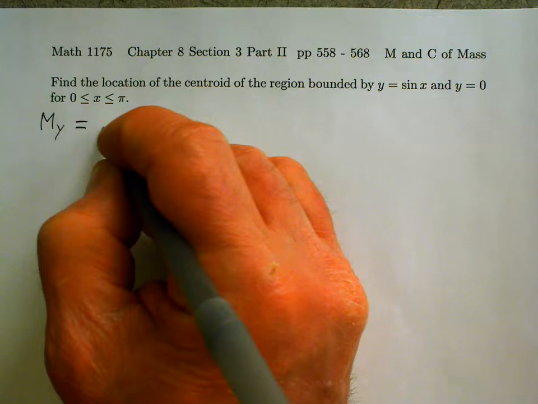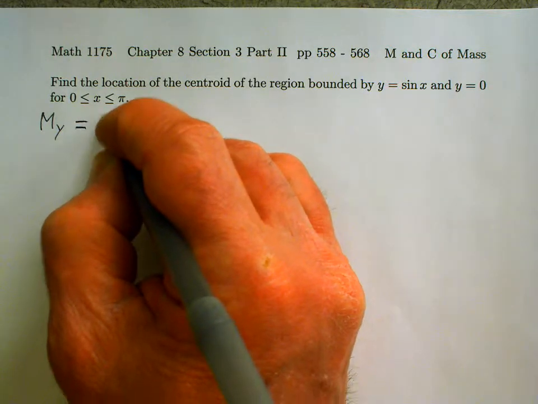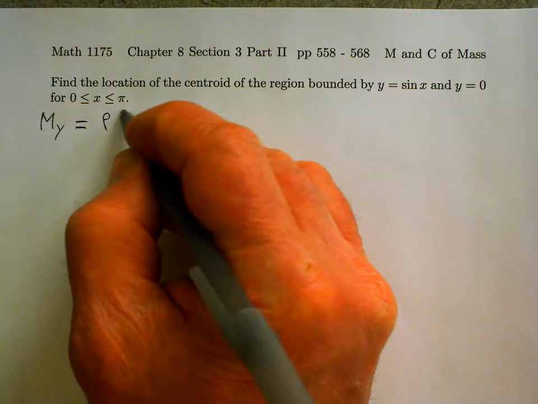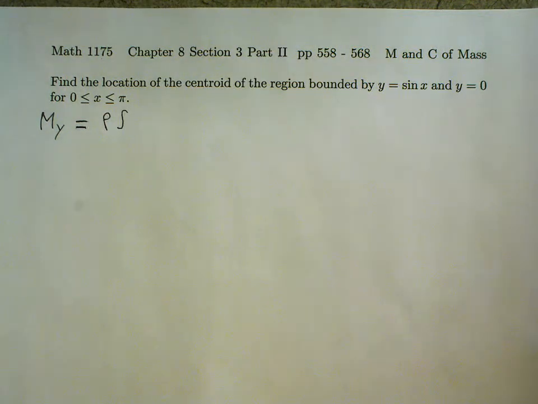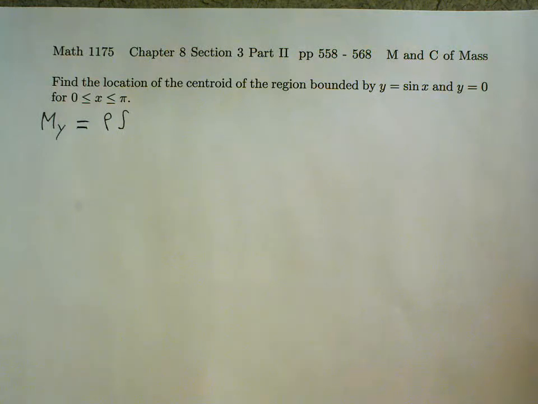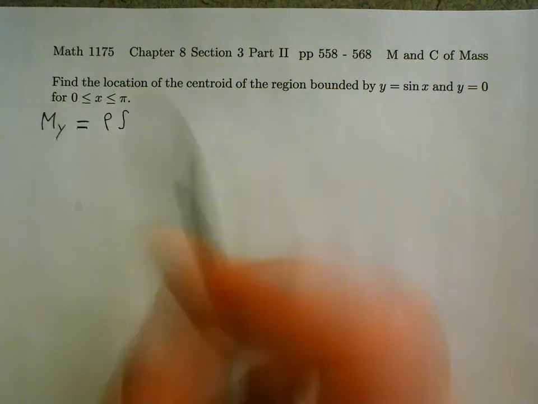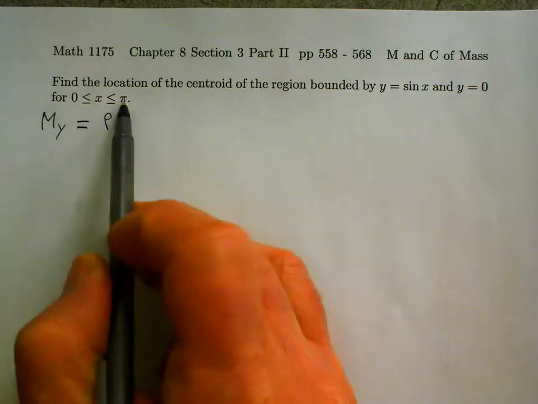Let's include the uniform density constant rho multiplied by the definite integral. What are the limits for this definite integral? You can just blurt it out if you want. So the lower limit is x equals 0. The upper limit is pi.